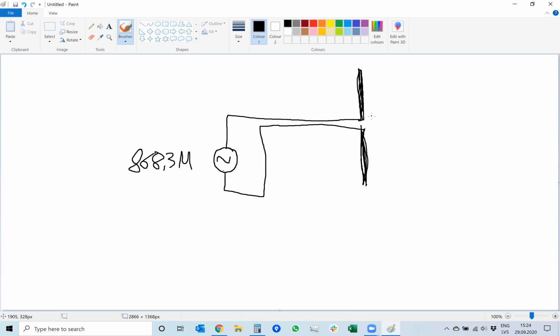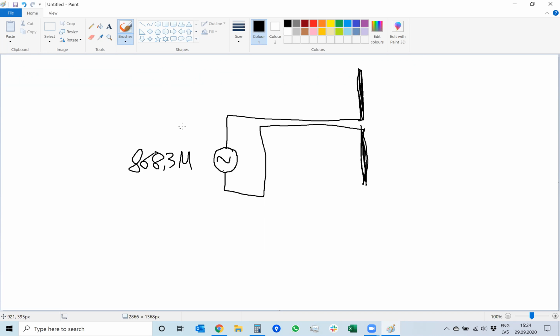We will talk about antennas a little bit later, but basically what we have is these two rods. They have mutual inductance and capacitance, and they start to resonate at this frequency, 868.3 megahertz, and you can transmit the signal into the air.